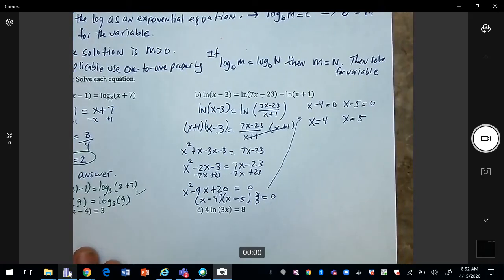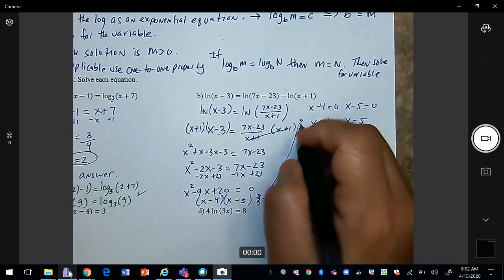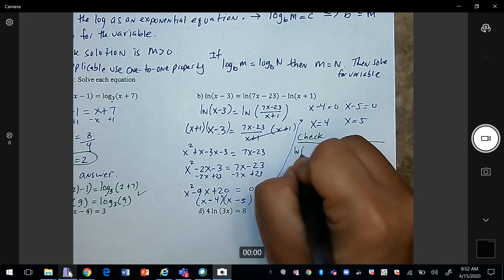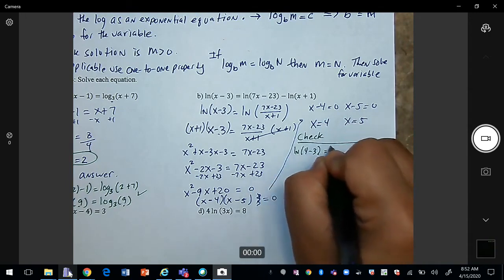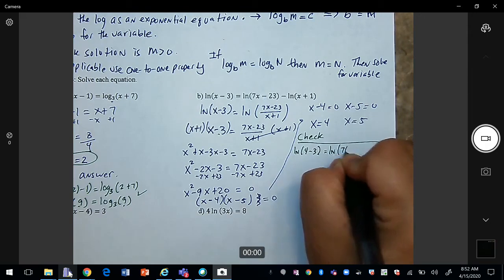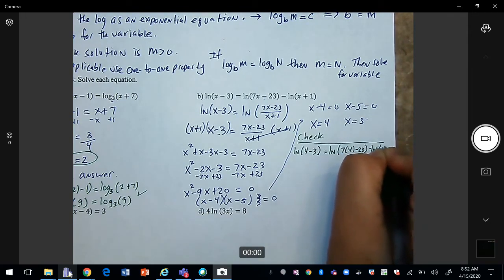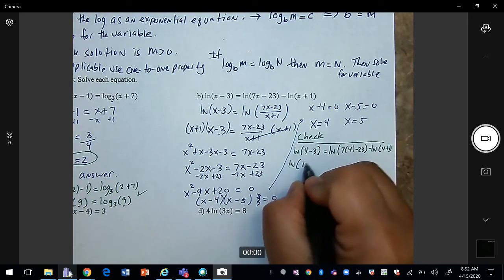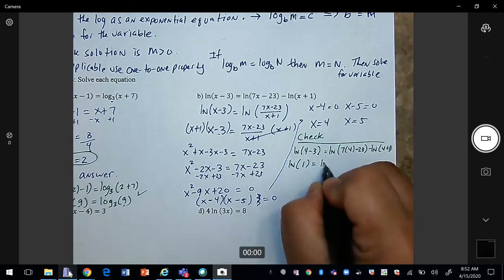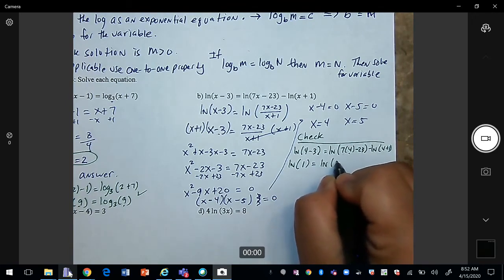We need to check our solution. So we have natural log of x minus 3 equal to natural log of 7x minus 23 minus natural log of x plus 1. Let's check 4 first. 4 minus 3 is 1. 7 times 4 is 28 minus 23 is 5.